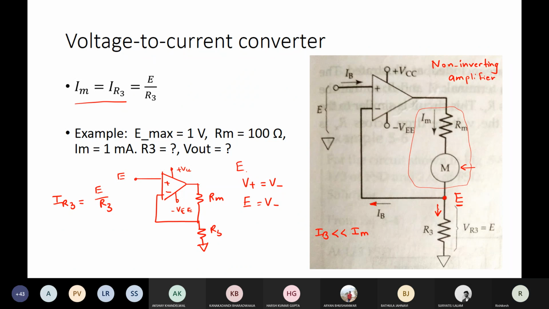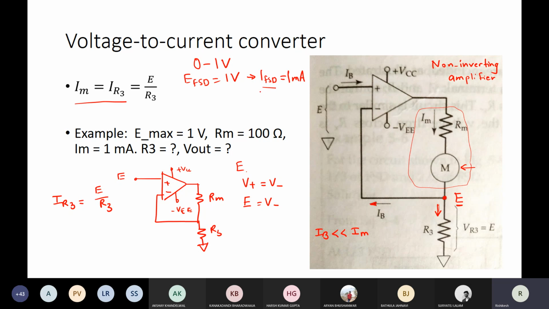Now, since the same current is flowing, I can calibrate the meter in terms of the current flowing through R3. Let's take an example that I'm interested in measuring 0 to 1 volts. So E max is 1 volt, that means EFSD, the full scale deflection voltage, is 1 volt, and the corresponding IFSD is 1 milliampere.